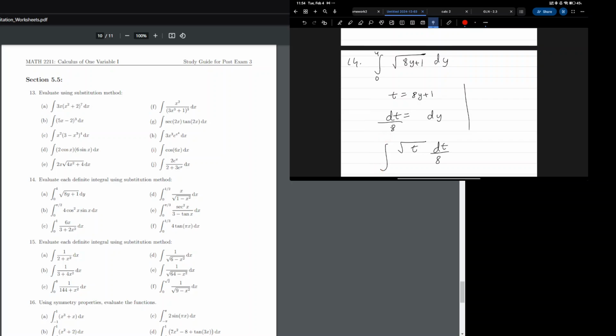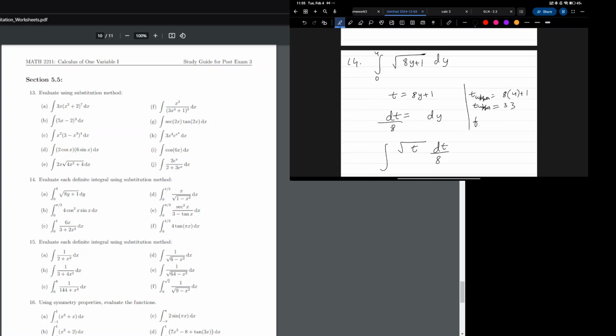Pretty simple. I say that 8y plus 1 is equal to t, and these bounds are for t. So all I need to do is plug in these over here. So the 4, if I take it as, let's say, t upper equals 8 times the upper, which was 4, plus 1. 8 times 4 is 32, becomes 33, t upper.